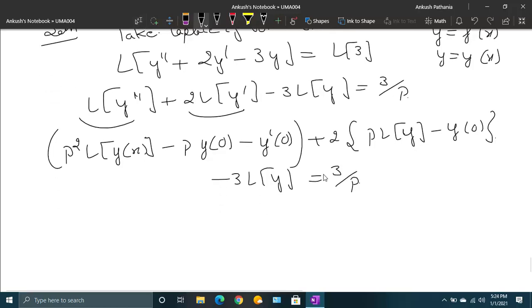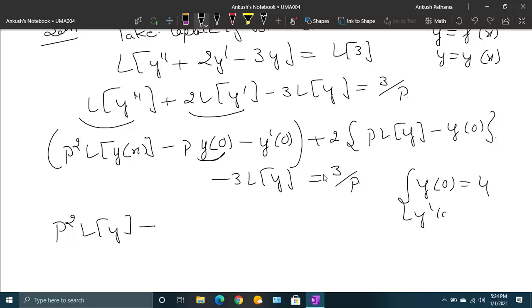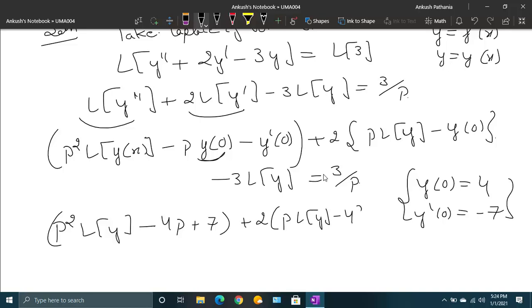So now we have p square Laplace of y minus p y(0). From the given question, y(0) is 4 and y dash 0 is given to be minus 7. So this is minus 4p and then plus 7 from here. Then from here it is 2p Laplace of y minus 2 y(0), where y(0) is 4, minus 3 times Laplace of y is equal to 3 upon p.